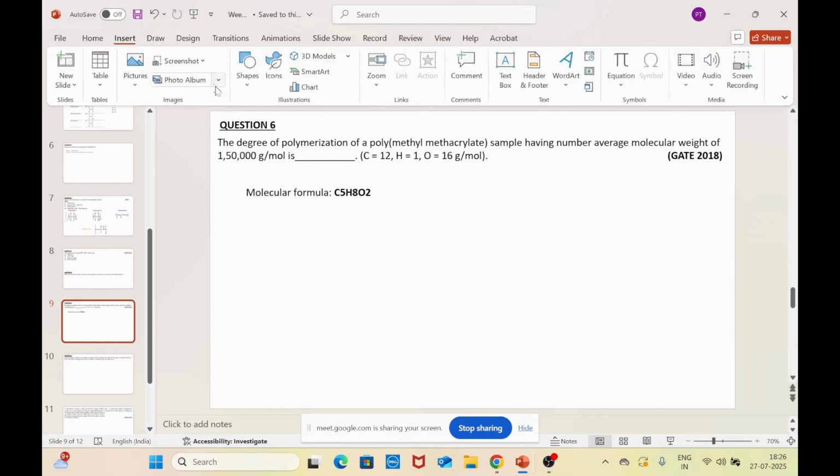Degree of polymerization basically signifies how many times the repeating unit is going to repeat itself. That's the only thing.